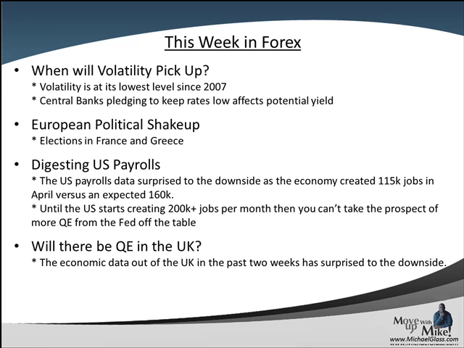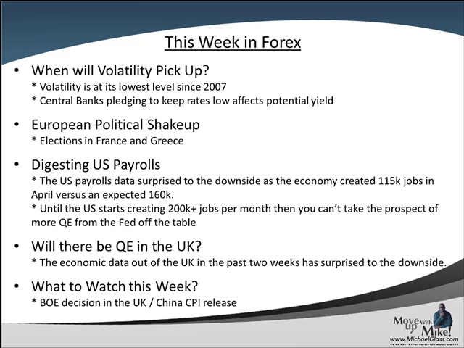And so again, even though they're going through rough austerity measures, will they begin to ease to help the market? And finally, what are we going to watch for this week? Well, we got the Bank of England decision for the UK, and we also have China CPI data to be released this week. So it's real light, both on the U.S. Treasuries, the stock market, a lot of light data, and we're light on data also here in the Forex side of the market.